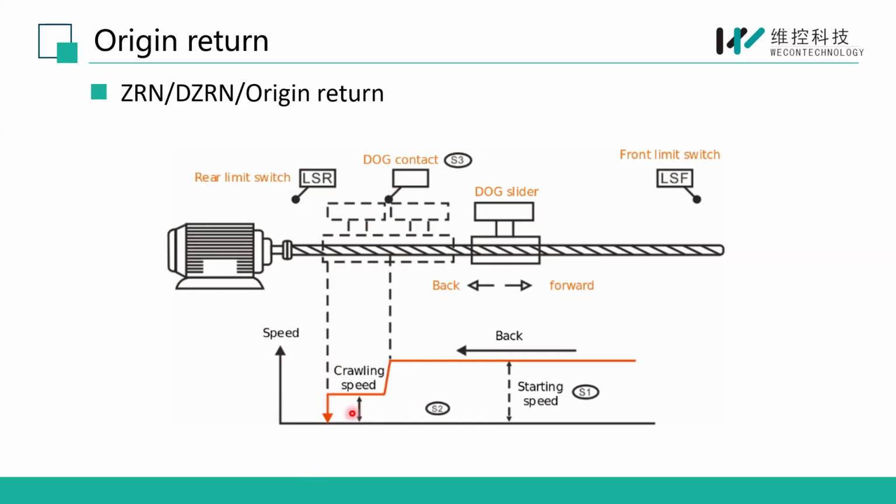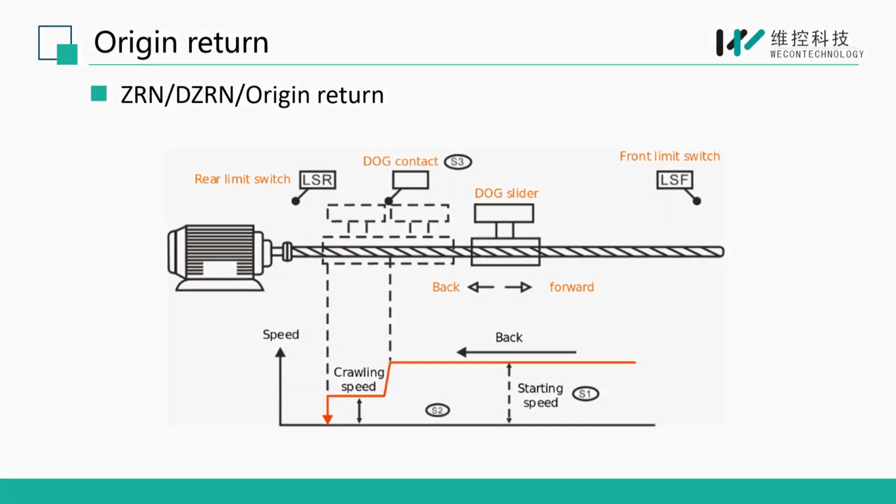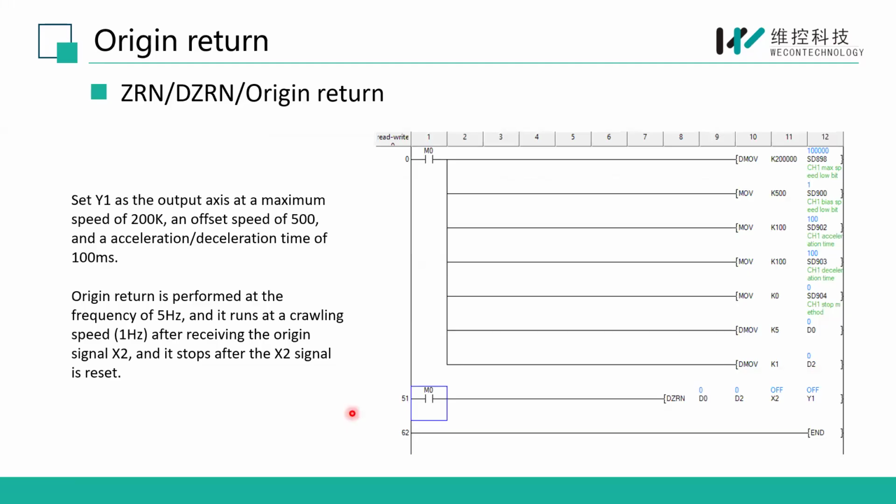Then the origin return function is turned off automatically. So let's look at the demo for JRN and DJRN.